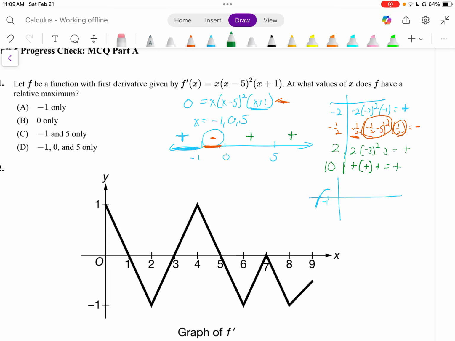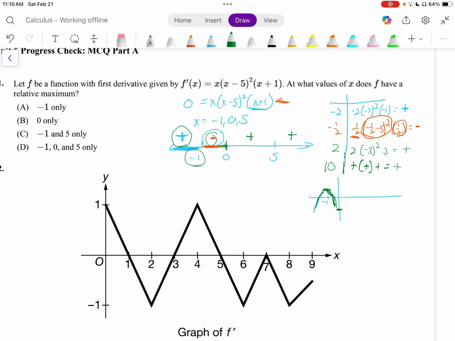And so we want a relative maximum. Again, at -1 the derivative is 0, the slope is positive so the graph is increasing before it and negative after, which would make that a maximum. Then at 0, it has a derivative of 0.